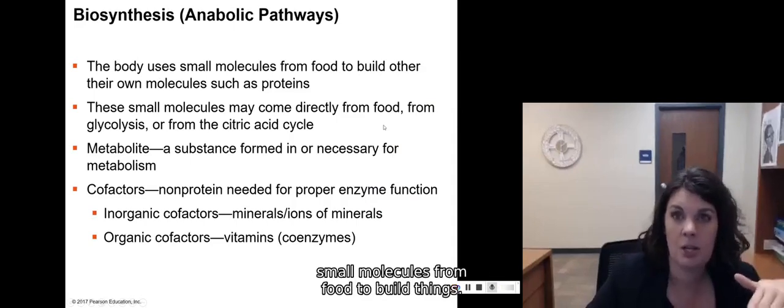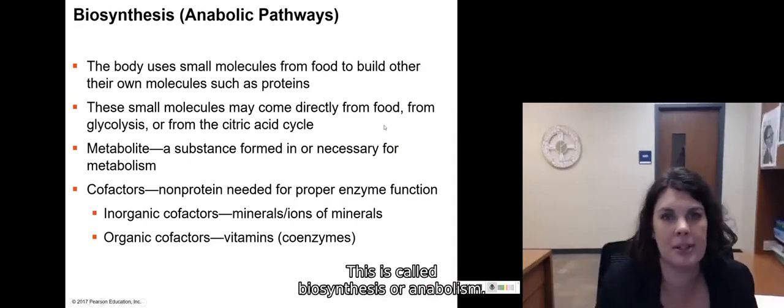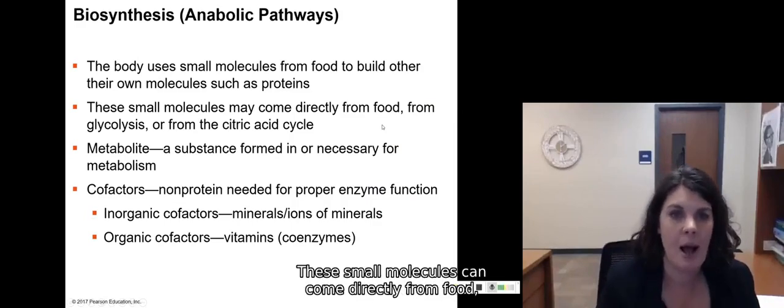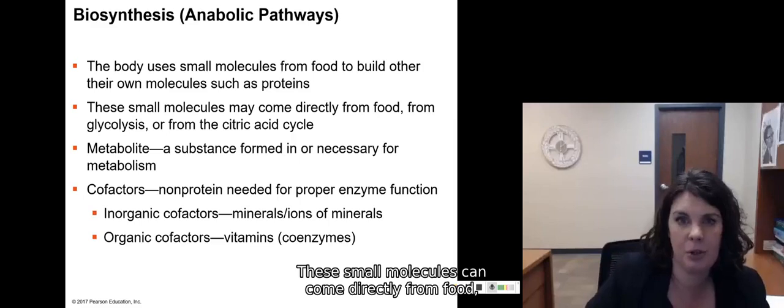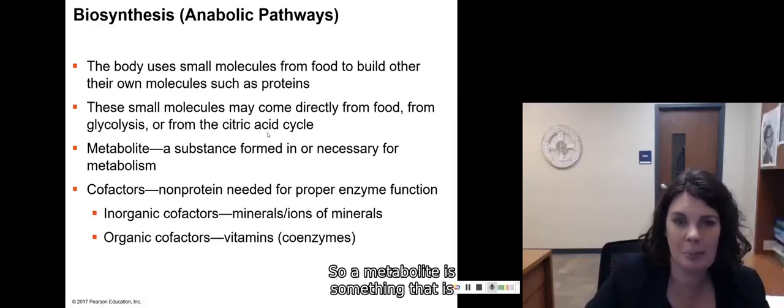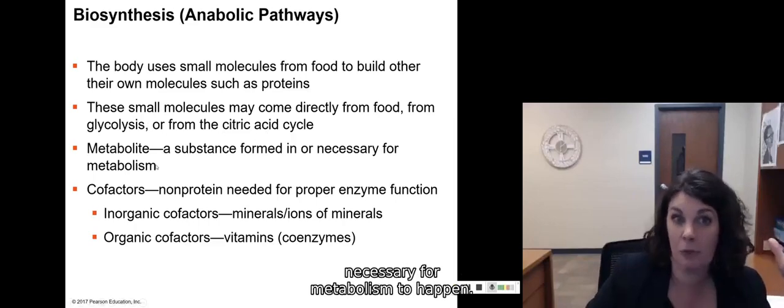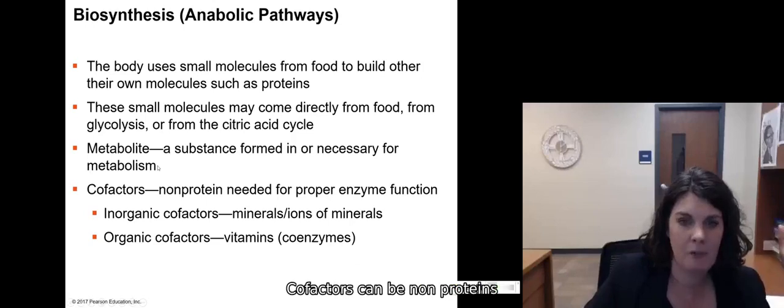We can also use small molecules from food to build things. This is called biosynthesis or anabolism. These small molecules can come directly from food, from glycolysis, or from the citric acid cycle. So a metabolite is something that is necessary for metabolism to happen.